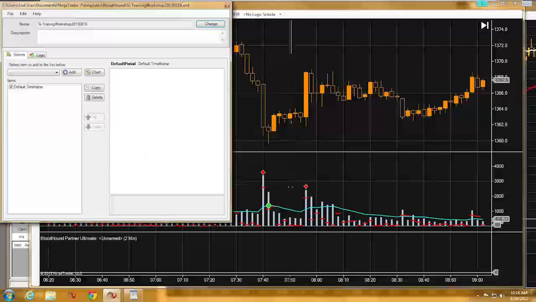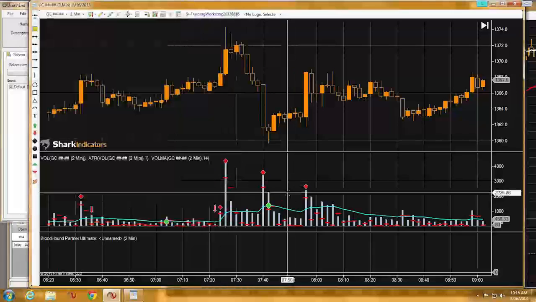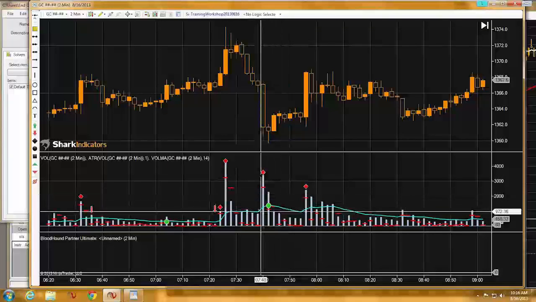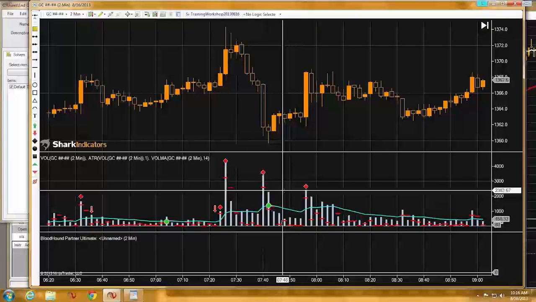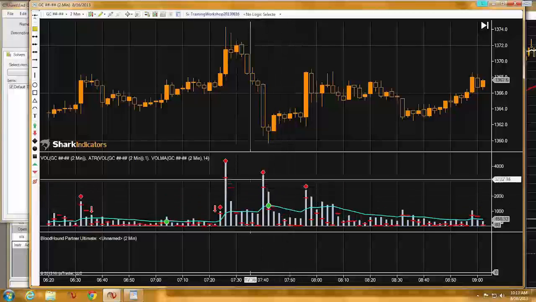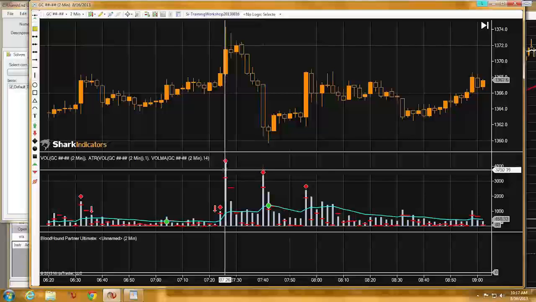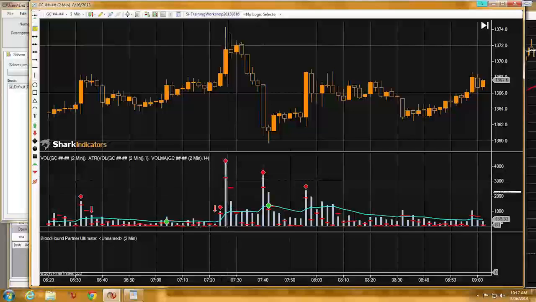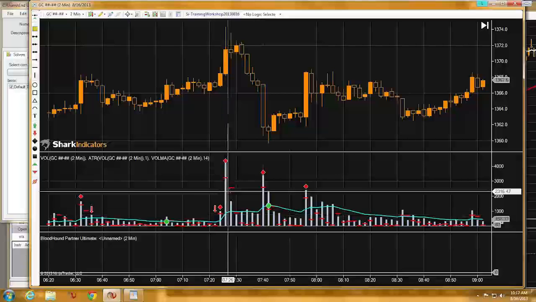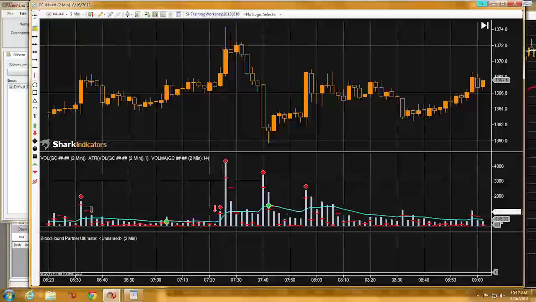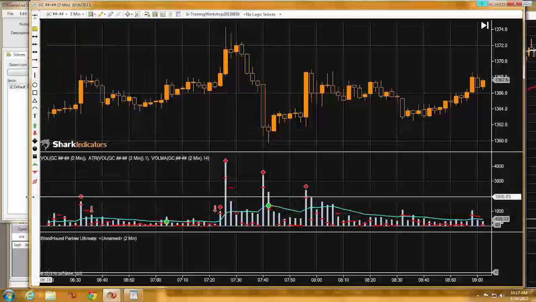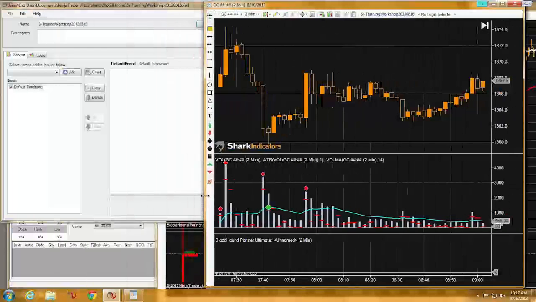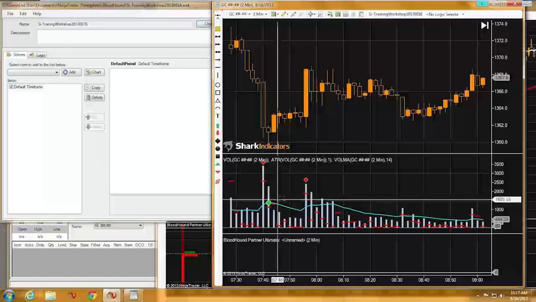So now what I'm going to be using is primarily comparison solvers. So we're going to be comparing the volume to the ATR and volume to the moving average, and then comparing the ATR to the volume moving average. So we'll be doing several comparisons.